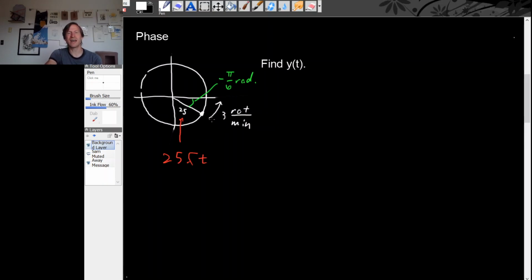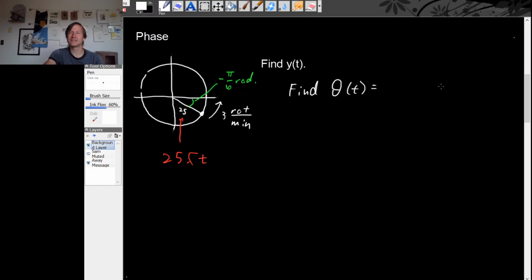So because it's a height, we know we're going to use sine, but we need to know the angle that's going to go into that sine function. So first let's concentrate on finding the angle that this point has rotated through as a function of time.